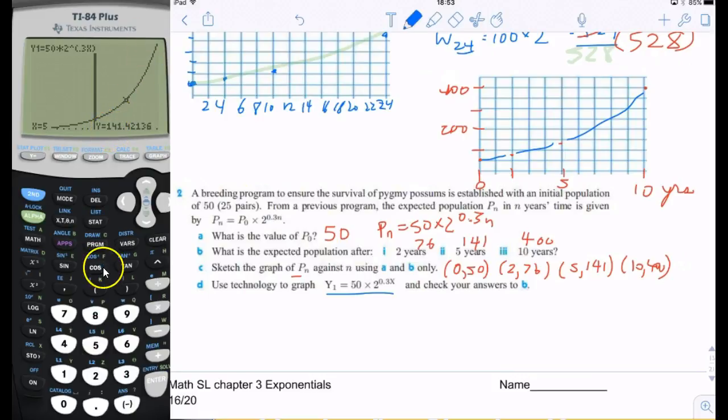And last of all, trace, 10, and it'll go to y equals 400. So we've confirmed all the values there. All right, so that's how you use the calculator both in table mode and graph mode to see where the curve is going.